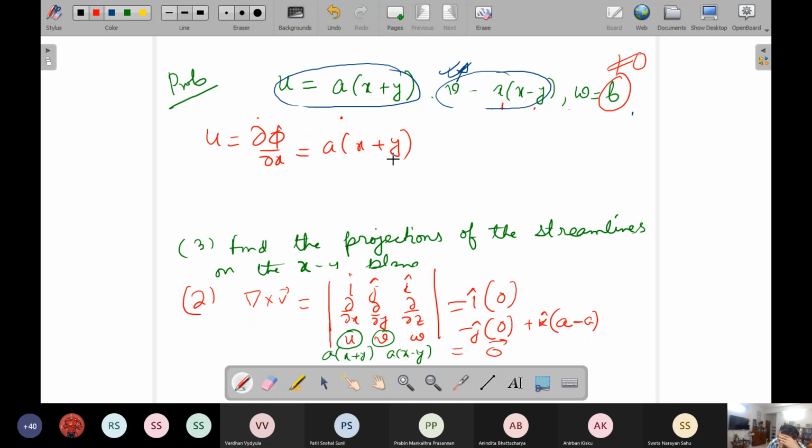Okay. So if you now integrate this, remember that what I have written first is the definition of U in terms of the velocity potential. This being a null vector means the velocity potential exists. So you can write U in terms of the velocity potential's gradient.